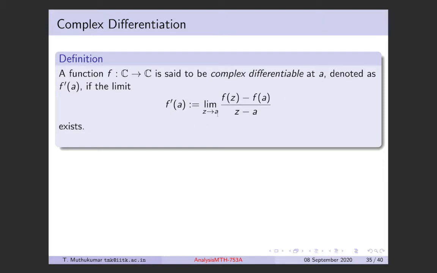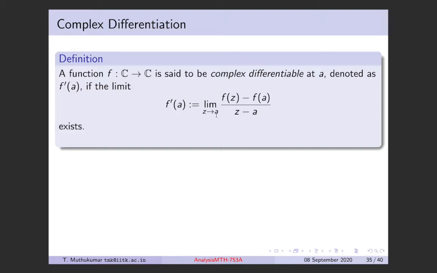Now you have infinite directions of approach, but the definition is the same. It looks very similar to the real variable definition, but the consequences are completely different due to the nature of the complex plane. That's what you must have seen in your course in complex analysis, which we are reviewing now.